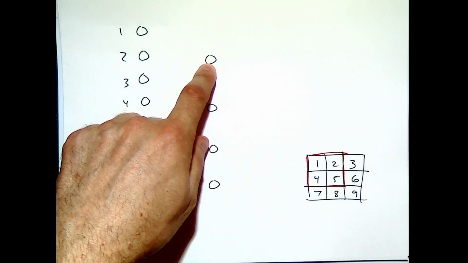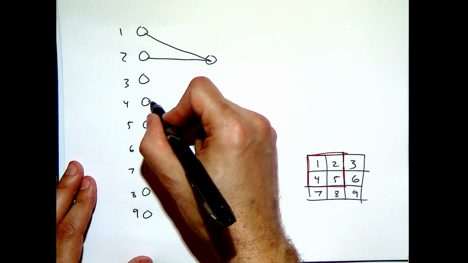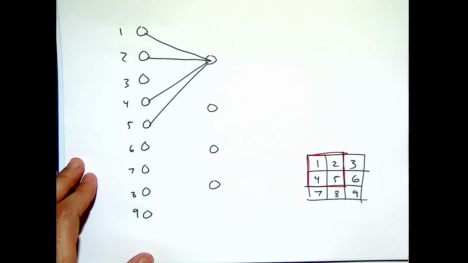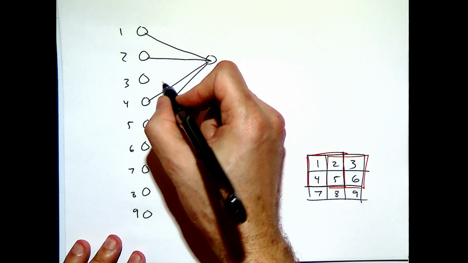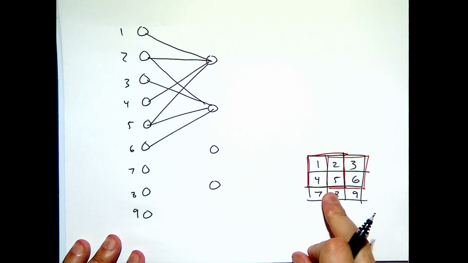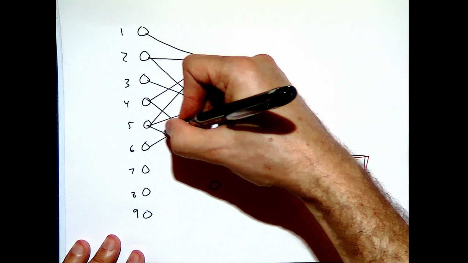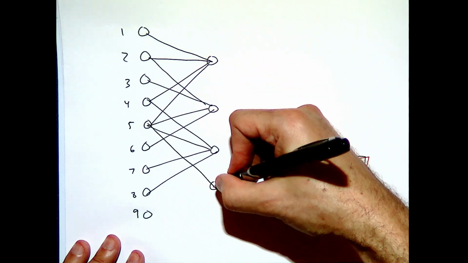So this neuron is what happens when I apply the filter to pixels 1, 2, 4, and 5. Then I shift the filter over by one, applying it to 2, 3, 5, and 6 for the next neuron. Then 4, 5, 7, 8, and 5, 6, 8, 9.